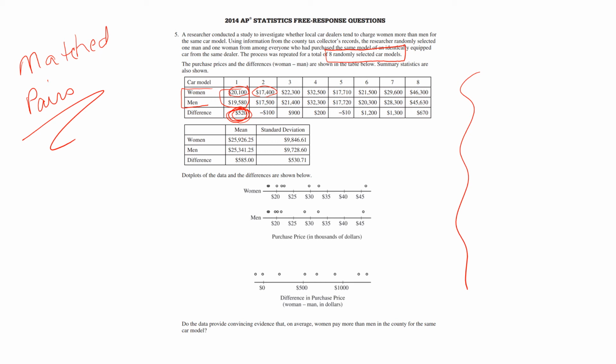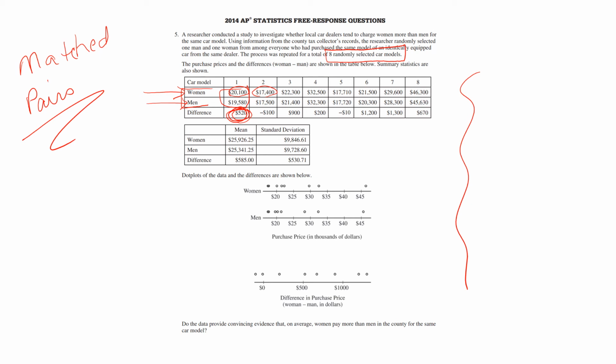If instead the researcher had chosen one specific car model and randomly selected 8 women and then randomly selected 8 men who purchased that exact car and looked at the differences in the mean price that the women paid versus the mean price that the men paid, that would have been a 2-sample t-test for the difference of means.